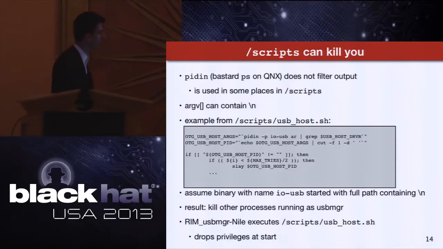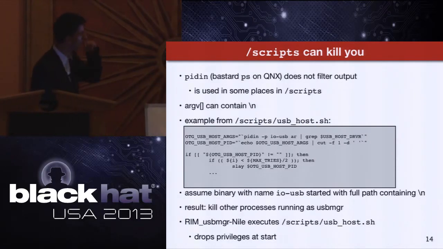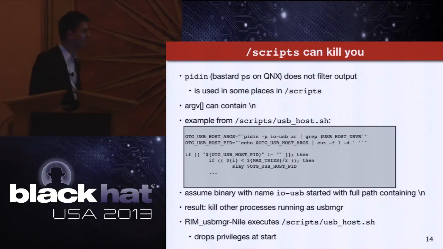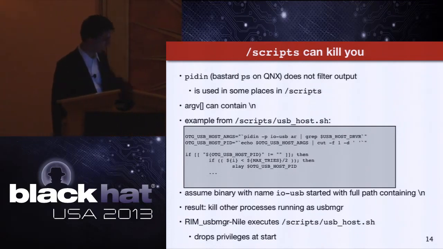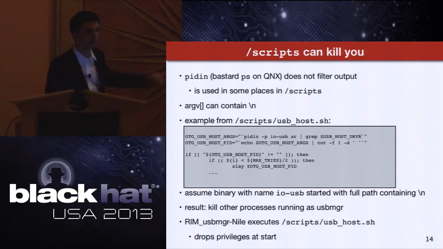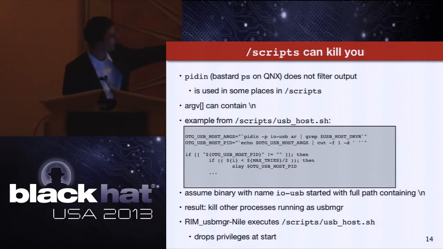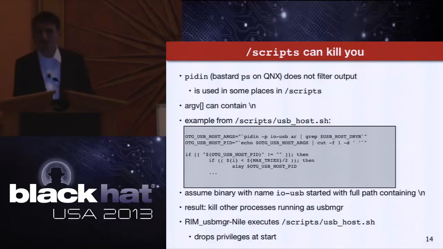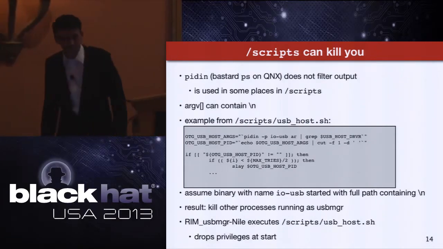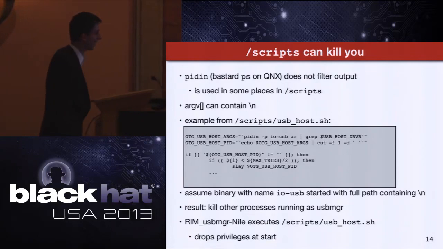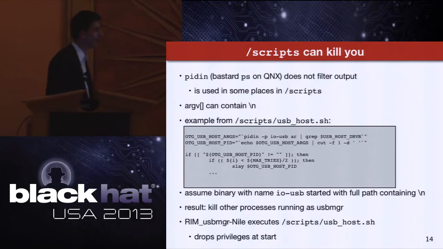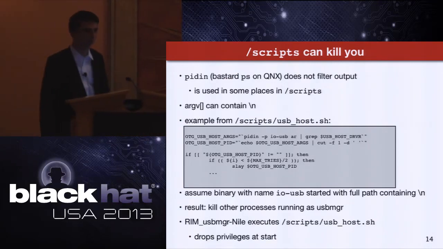And there's this script, usb host. And this takes the output and assumes a certain format, which of course doesn't work anymore if you have a program name that contains a carriage return already. And using this, you can kill other processes running as USB manager.